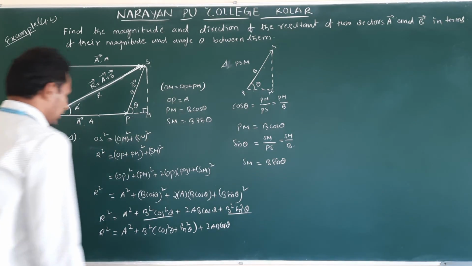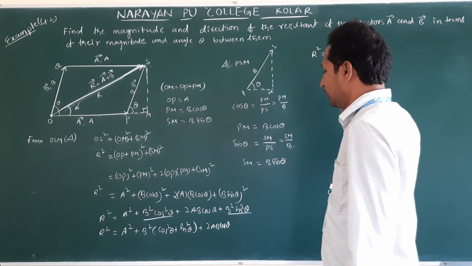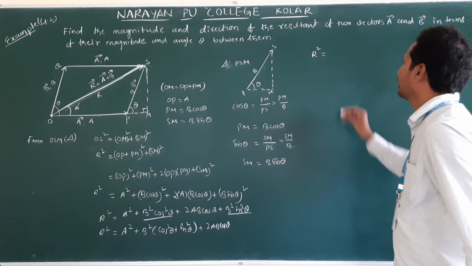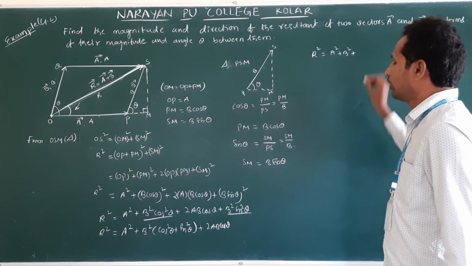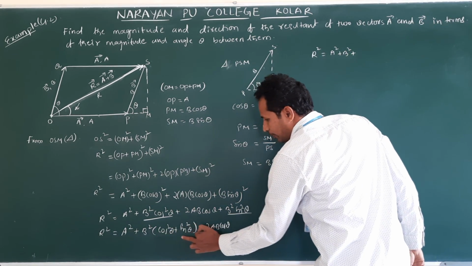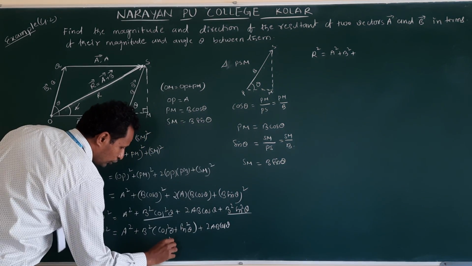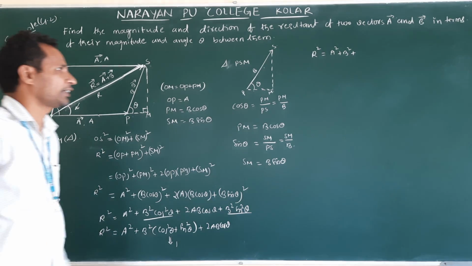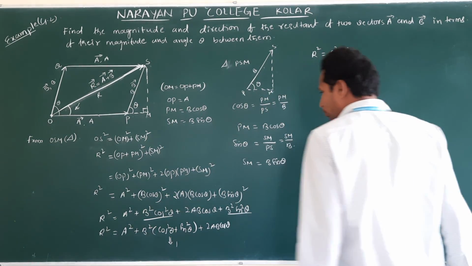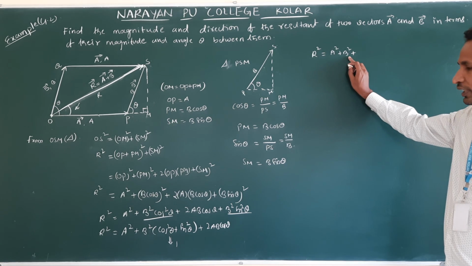Now I am writing the final equation, R square, as a continuation of this: A square plus B square times cos square theta plus sin square theta. This value is 1. You know very well this equation: in trigonometry, sin square theta plus cos square theta is equal to 1. So B square into 1, B square.